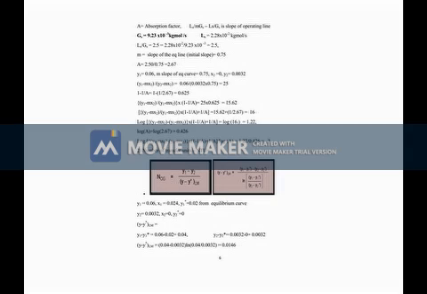Then the mole flow rate you have to find out. What is G1? G1 is equal to 0.278 divided by 28.28, which is 9.82 into 10 raised to minus 3 kilomoles per second. Then y1 is equal to 0.06. GS is the solute-free basis air. G1 is the total moles of air as well as ammonia, but GS is air alone, which is inert.